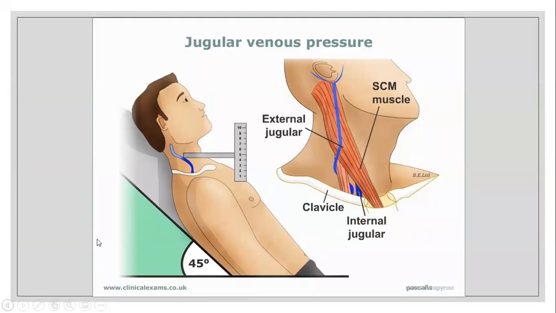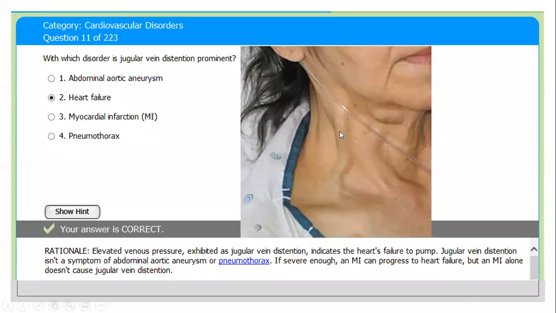Here we can see how to measure jugular venous pressure. This is the sternocleidomastoid muscle, internal jugular vein, and external jugular vein. Jugular vein distension is when a vein on the side of the neck appears to bulge. It is the bulging vein.